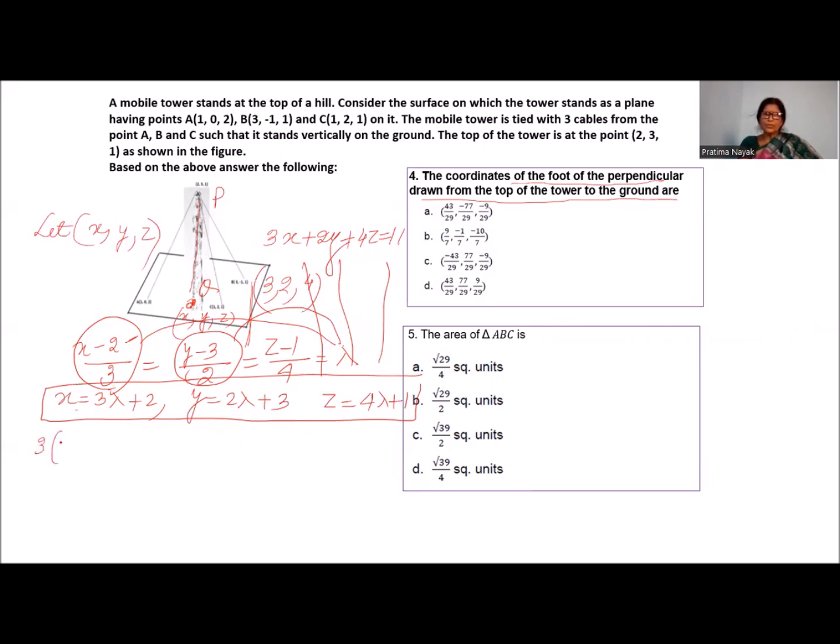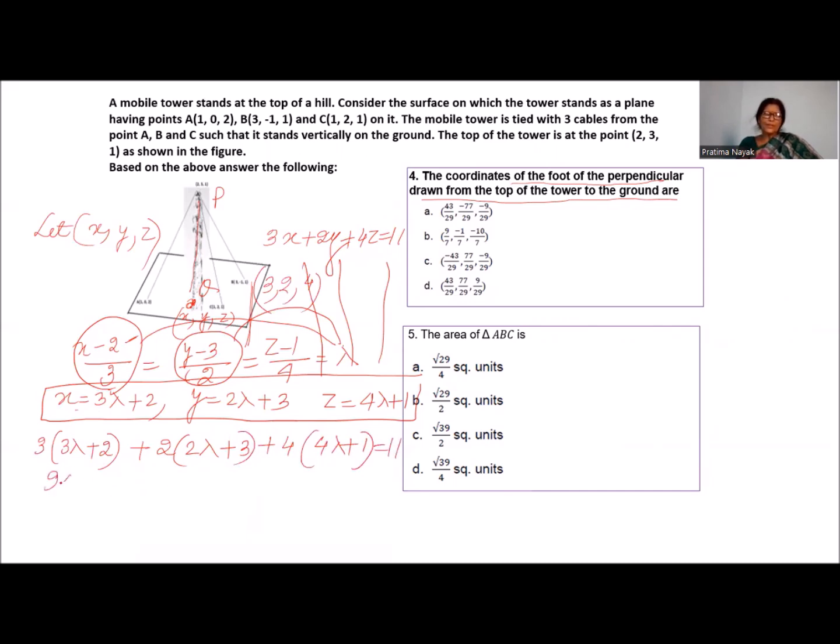So it will be 3 into 3 lambda plus 2. In place of x, I put 3 lambda plus 2. In place of y, I put 2 lambda plus 3. In terms of 4z, I put 4 lambda plus 1 is equal to 11. What am I getting? I'm getting lambda.